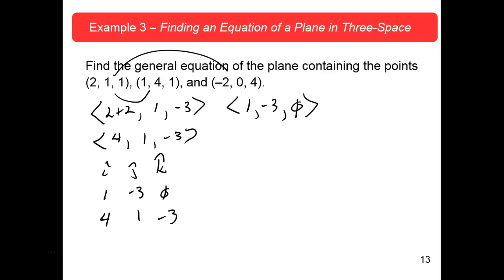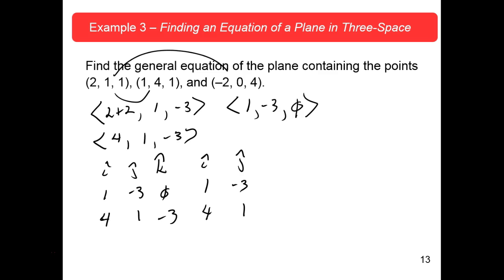Oh yeah, I crossed up the order. It doesn't matter the order. And then repeat the first two: I, 1, 4, and J, -3, 1. I always do cross products like this if they're three-dimensional.